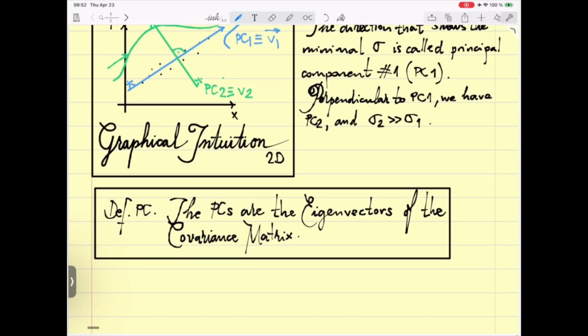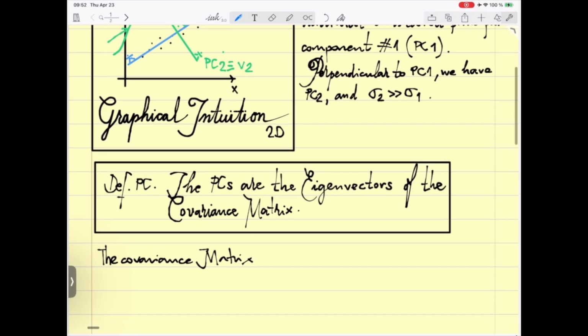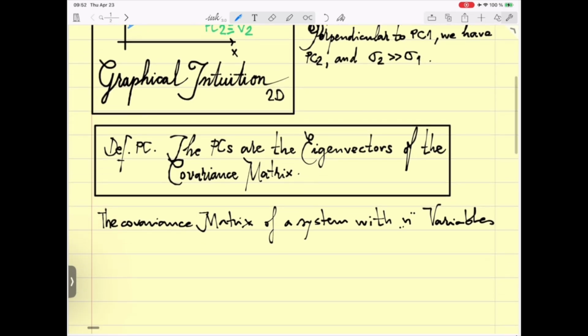So from statistics, you know the covariance matrix of a system with n variables, in our case n KPIs in the management system.